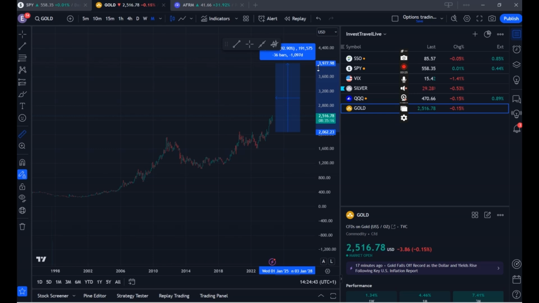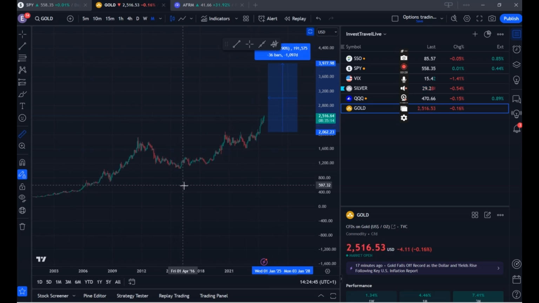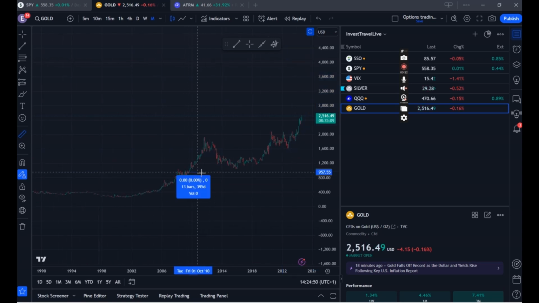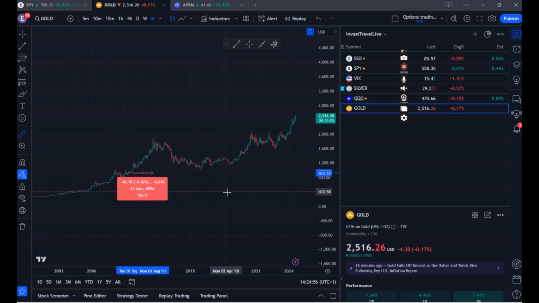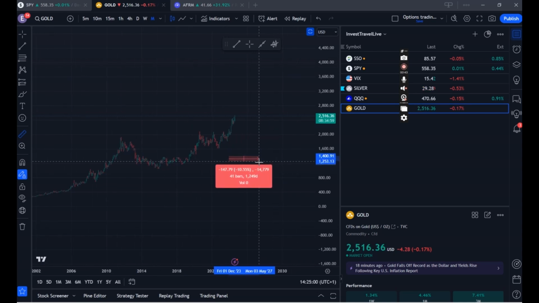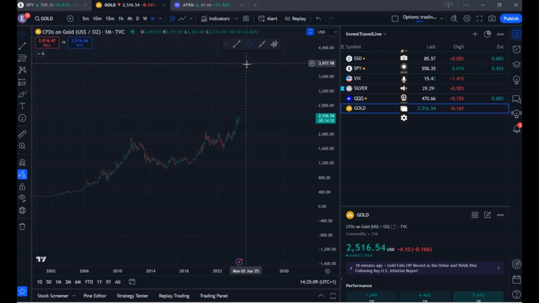If you were to follow the same pattern, 93% from the breakout would put us at about $4,000. This might take some time, as you've seen here. From the breakout, it took about 2 years, 699 days. So we're looking at about September 2025, the end of next year.